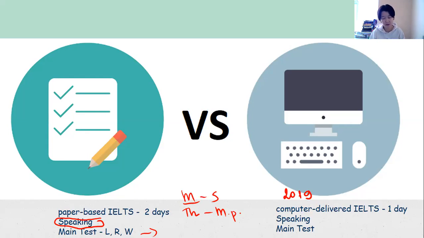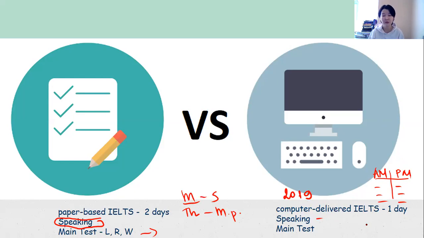What is most convenient about computer-delivered IELTS is the time availability, where there are options when you're registering for the test. Especially for the speaking part, you can choose the time. You'll be given 3 options, and you can choose which time is most available for you.